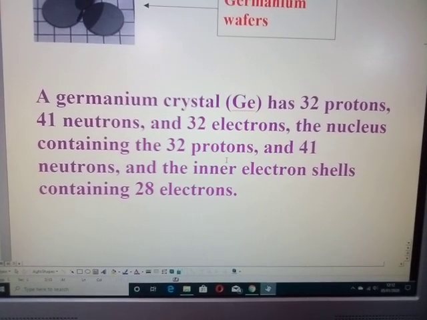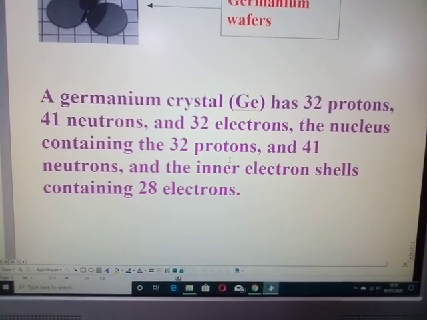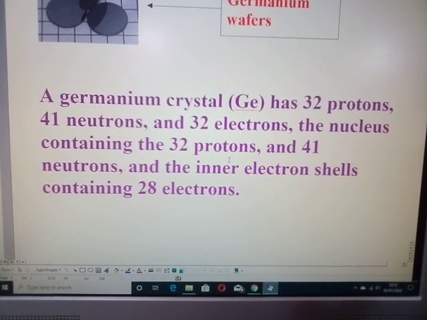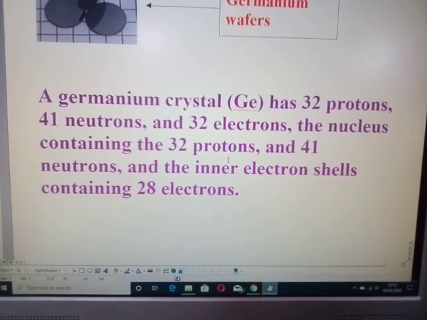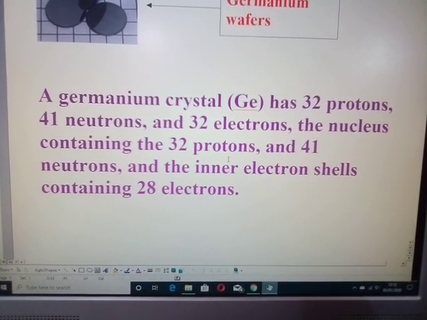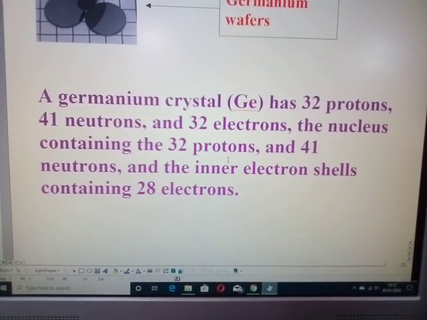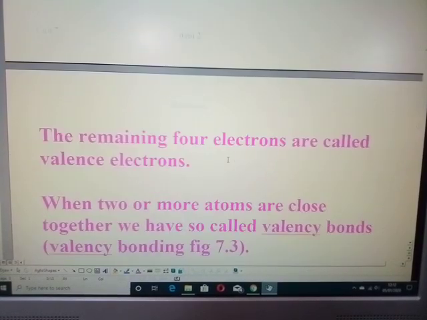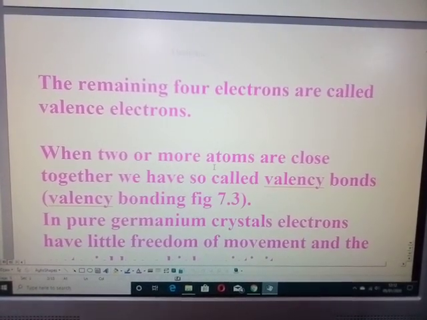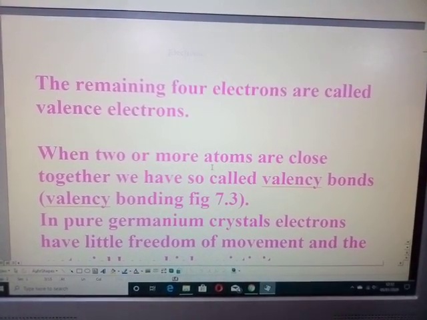You'll find that there's quite a number of books that show you how it is formulated. But here I'm just giving you information on a purely informational basis on the background of the semiconductors which are in use. And please note there's quite a few, so this is by no means exhaustive. The remaining 4 electrons are called valence electrons.